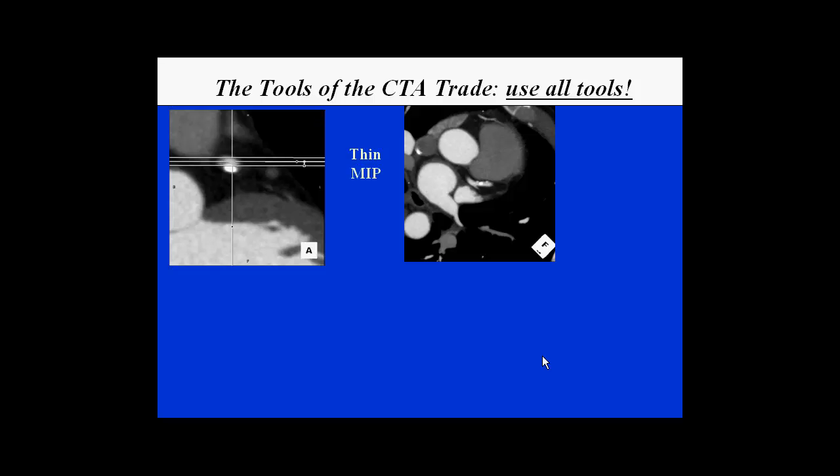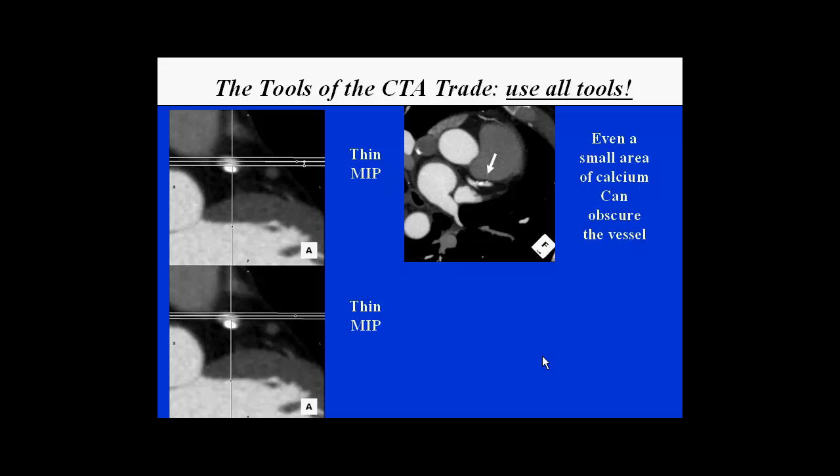Here is a thin MIP where I still have a very small amount of calcium, even a sliver of calcium, mostly lumen. The presentation, even of a small area of calcium, can obscure my visualization of the vessel.